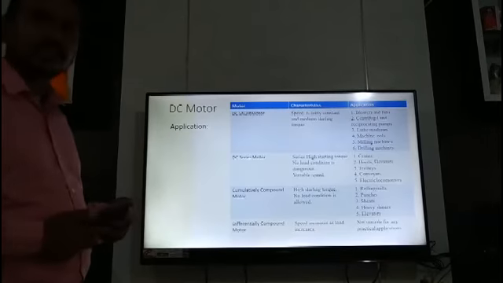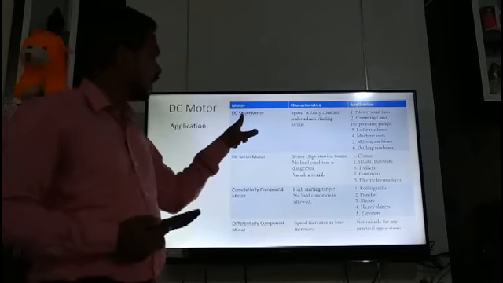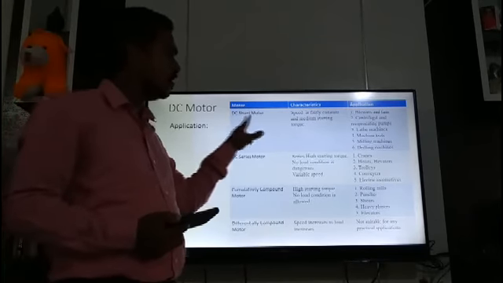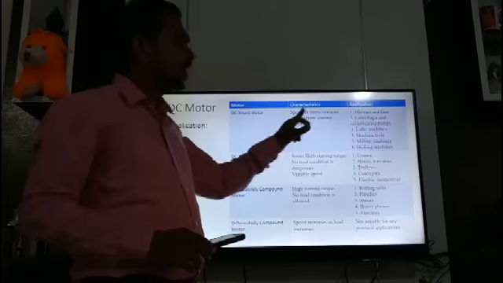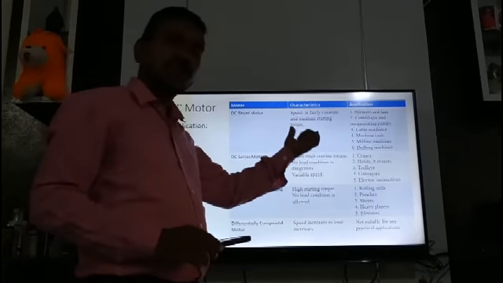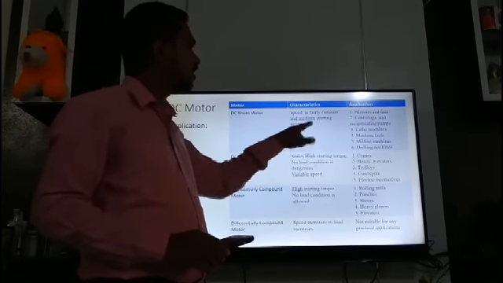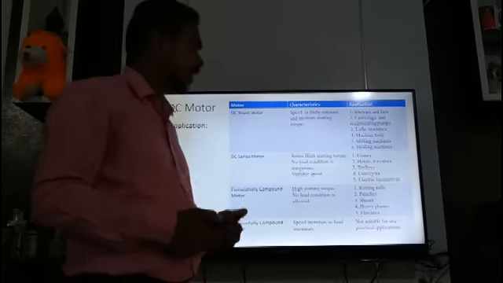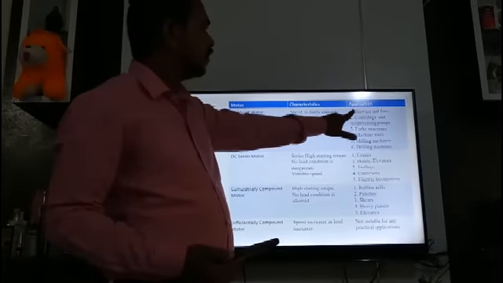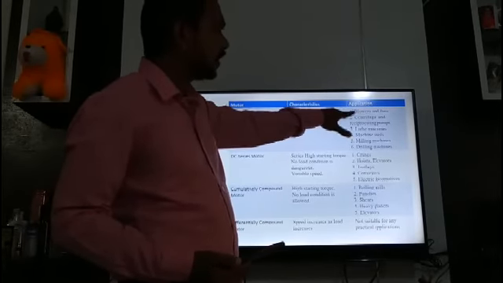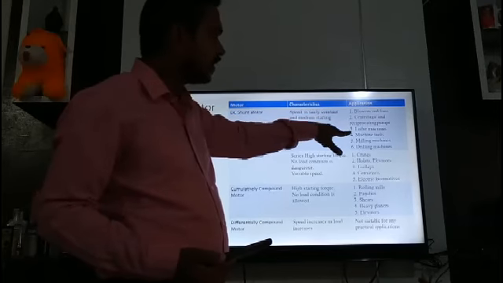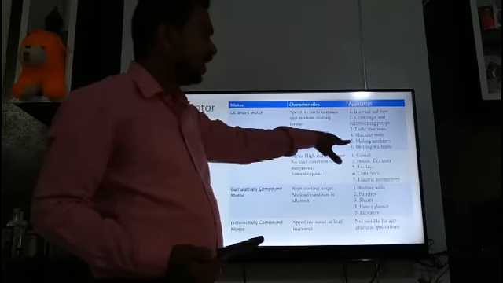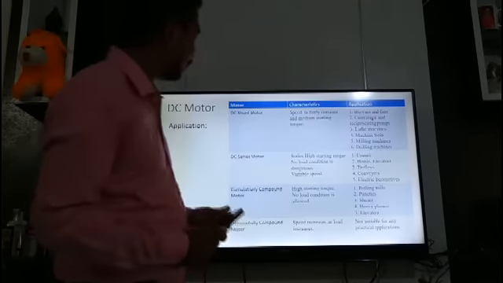Now the applications of different types of DC motor. First is the DC shunt motor. The feature of the DC shunt motor is that speed is nearly constant. It is a constant speed motor and the starting torque is medium. Its applications are blowers and fans, centrifugal and reciprocating pumps, lathe machines, machine tools, milling machines and drilling machines.